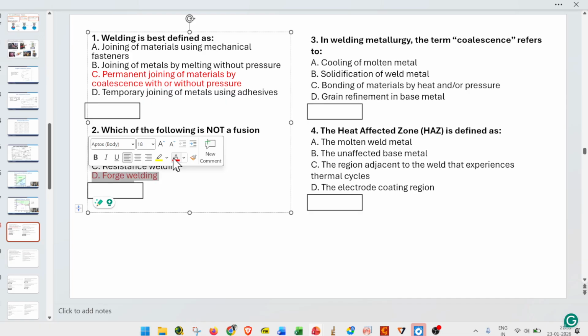Next, in welding metallurgy, the term coalescence refers to: first, the cooling of the molten metal and solidification of the weld metal; second, bonding of the metals by heat and or pressure; third, grain refinement in the base metal.